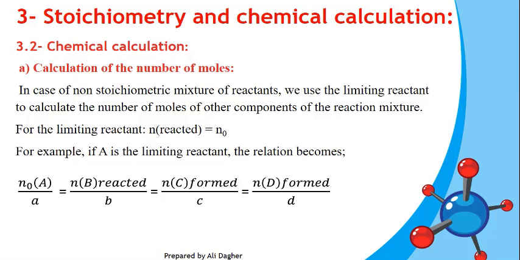Then n0A over a equal nB reacted over b equal nC formed over c equal nD formed over d. And then we can calculate the number of mole of B reacted using n0 of the limiting reactant. The same for product, using always the n0 of the limiting reactant.